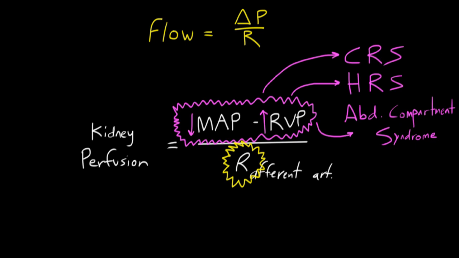And so sympathetic nervous system activity will affect resistance in the arterioles. Also, we know that the RAS system, the renin-angiotensin-aldosterone system, so angiotensin 2 will cause vasoconstriction of the afferent and efferent arterioles.